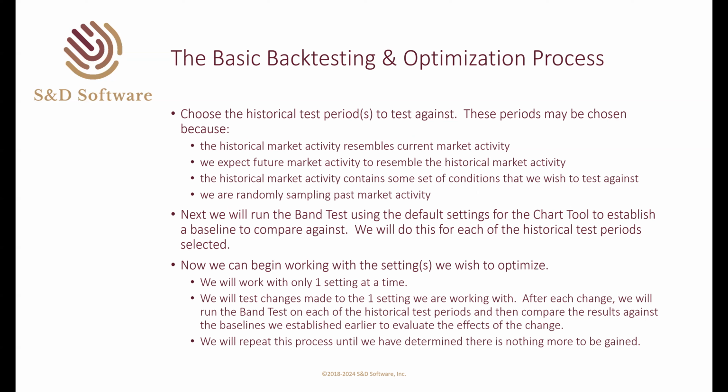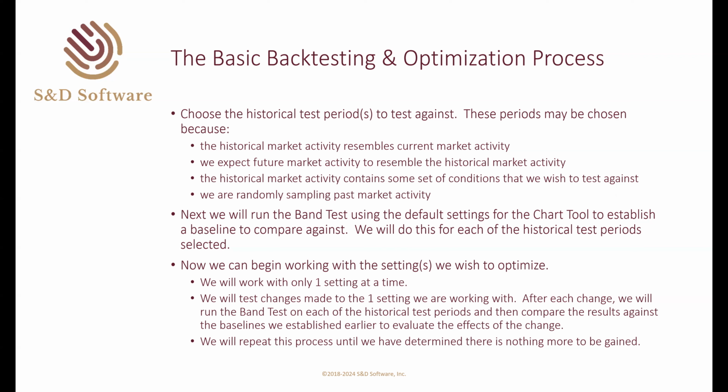Now, let's talk about the basic process involved in backtesting and optimization. I've already mentioned that we're going to be using historical data. We're going to pick a period in the past, take what the market did, feed that into the system, and see how the system performed.